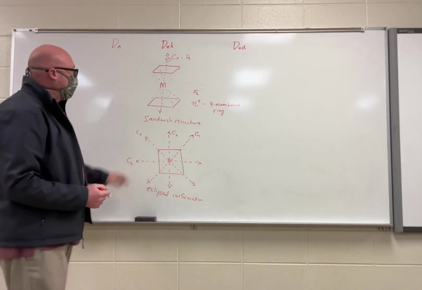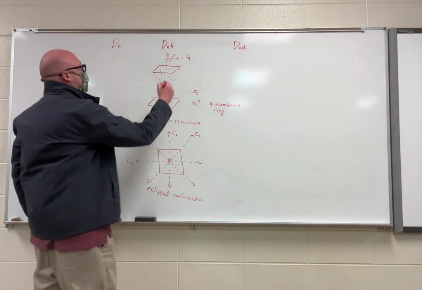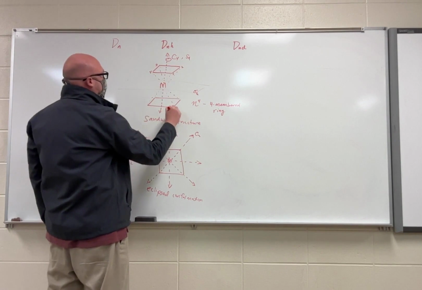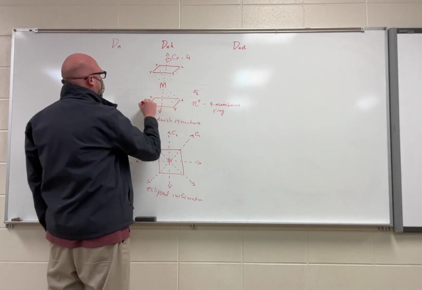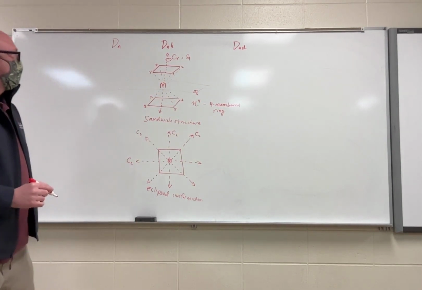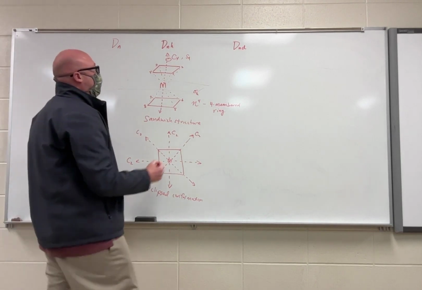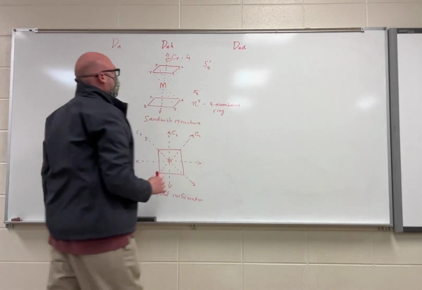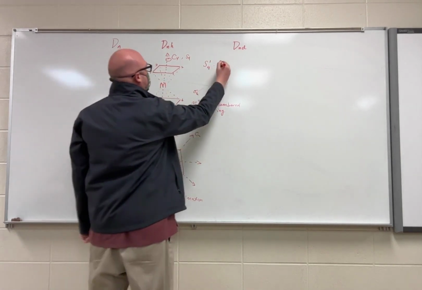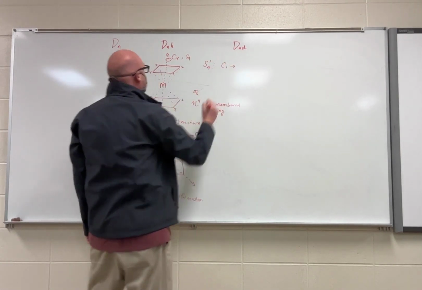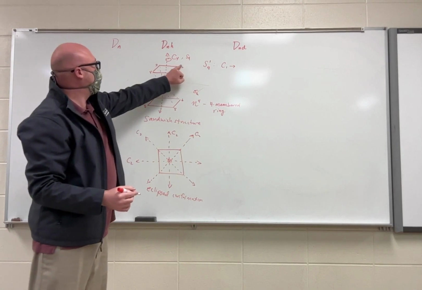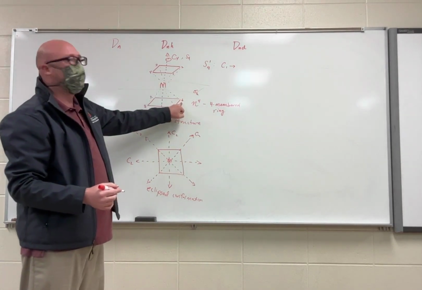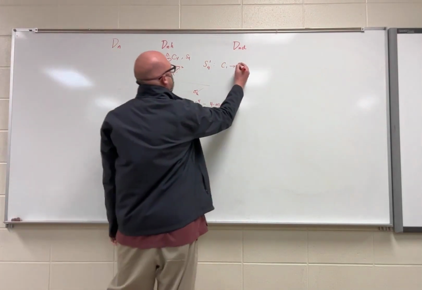So in this sandwich structure, if we label these atoms 1, 2, 3, 4, and then 5, 6, 7, 8, let's say if we perform an S4^1 operation, then carbon atom 1 will move by 90 degrees and then reflect about the plane perpendicular to the C4 and will move to the position of C6, right?